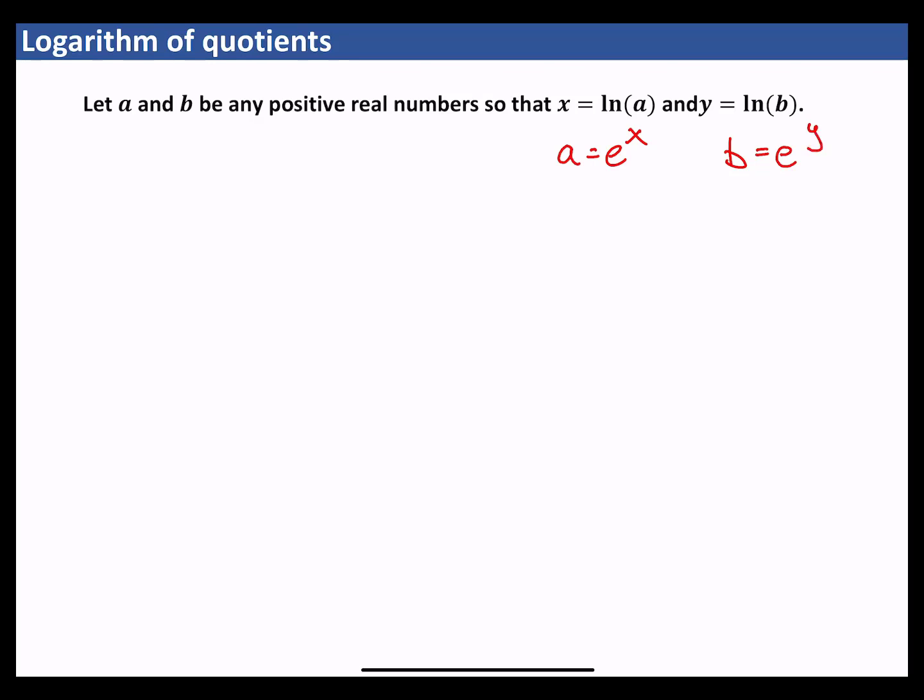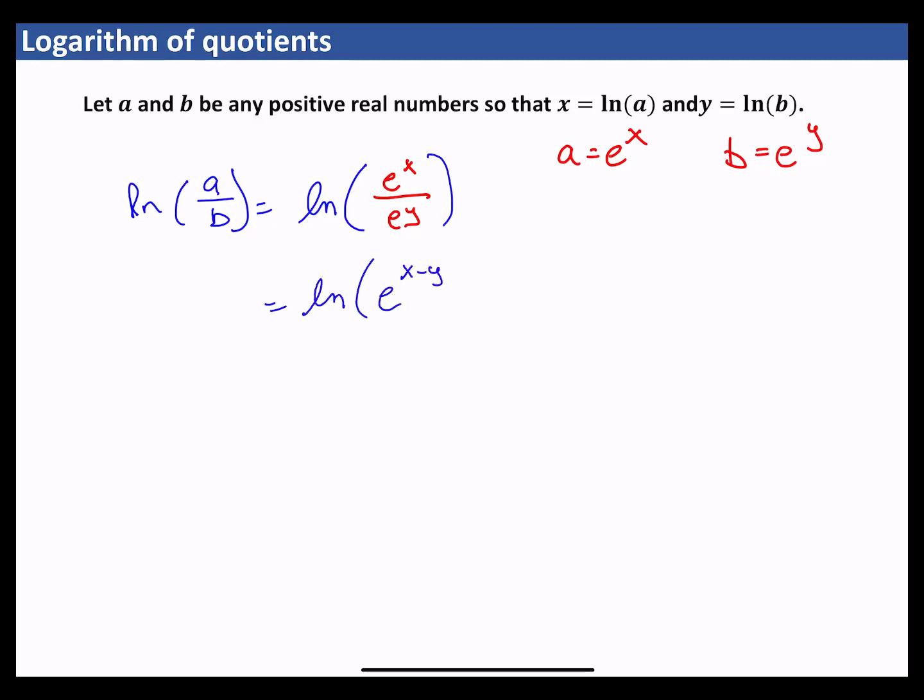Then we can say that the natural log of the quantity a divided by b equals the natural log of e to the x divided by e to the y. Using properties of exponents, we know that the natural log of e to the x divided by e to the y equals the natural log of e raised to the quantity x minus y.